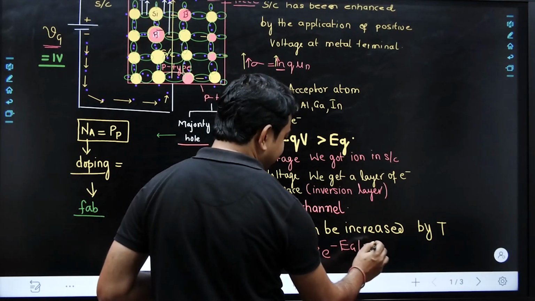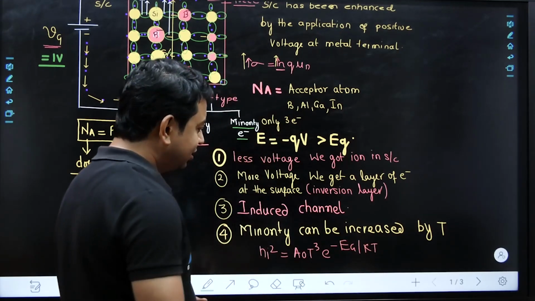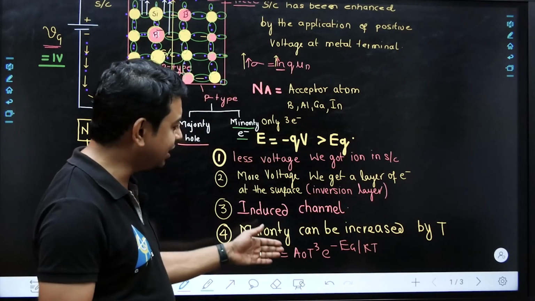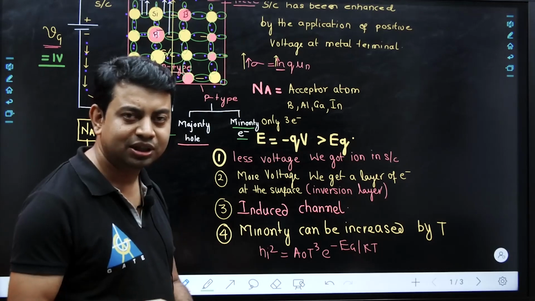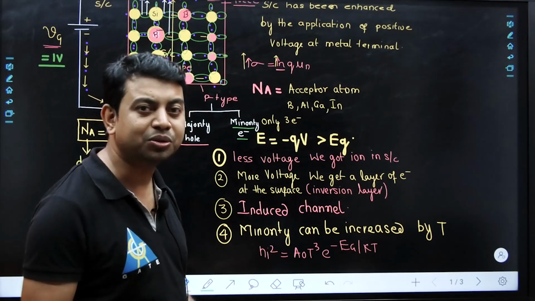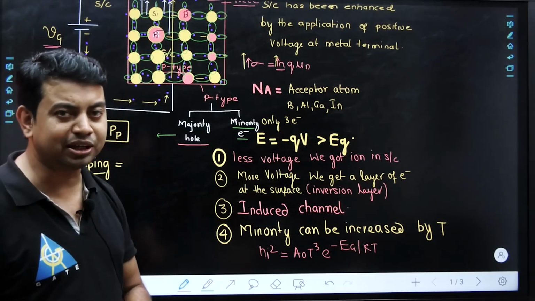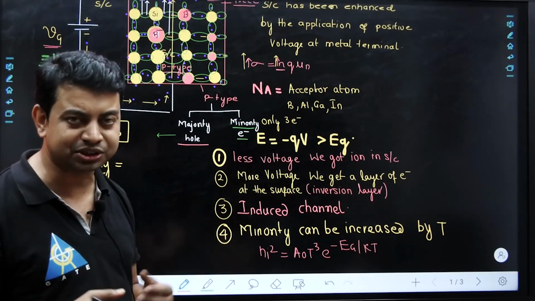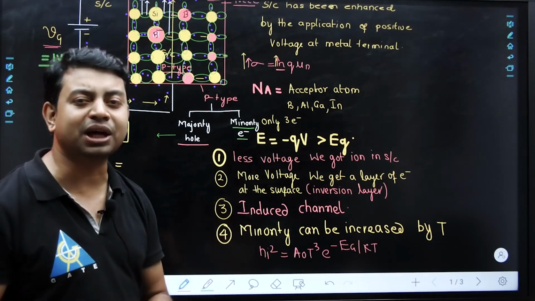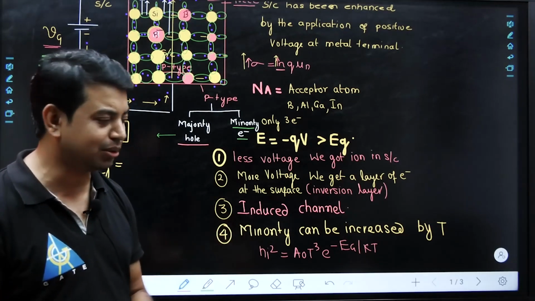So from this formula, we know that the minority carriers can be increased by increasing the temperature. But there is another way by which we can give a sufficient amount of energy to the atoms or the semiconductor itself, and we can create the minorities, and that is nothing but the breakdown.